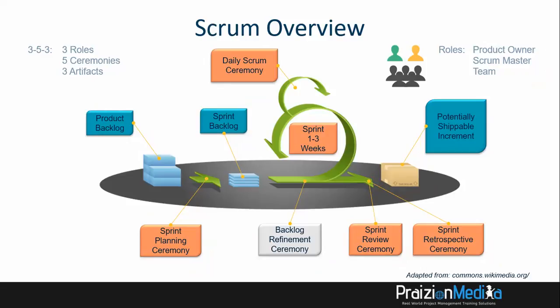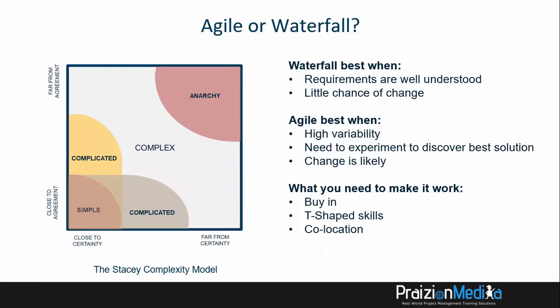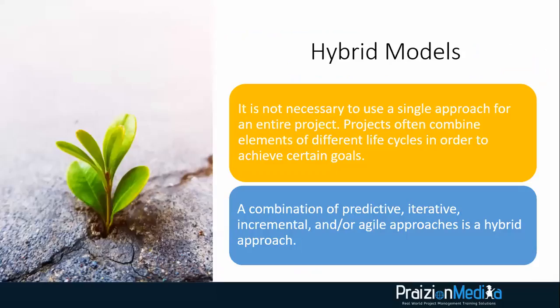So again, my friends, on your exam, you are going to be tested throughout on this overarching concept of the Stacey complexity model. When do you use predictive? When do you use agile? When do you use a hybrid? And by hybrid, we're talking about a combination of predictive, iterative, incremental, and or agile approaches.